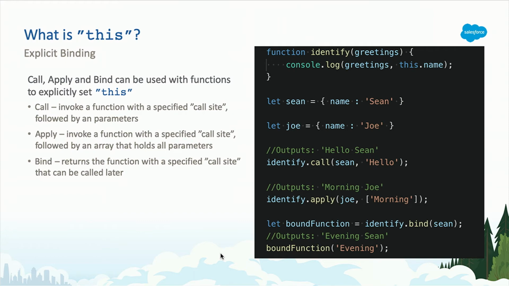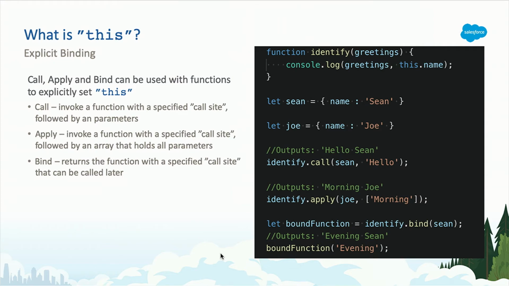Next is explicit binding. In JavaScript, there are ways to explicitly set what the this keyword should be. There are three ways to do this: call, apply, and bind. Call invokes a method. The first parameter is what you want the this keyword to represent. The next parameters, you can pass in as many as you want, are the parameters you would actually pass to the function itself.